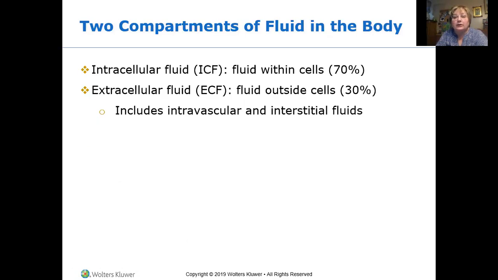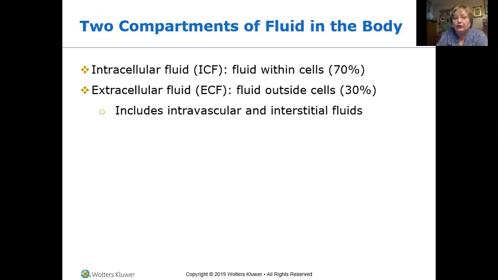What we tend to look at more is the extracellular fluid, the fluid that is outside of the cells. That's going to include both your intravascular fluid and then your interstitial fluid. Intravascular is just what it says, the fluid that is within the vascular system, but not including the actual cells. The fluid itself within the cell is intracellular.